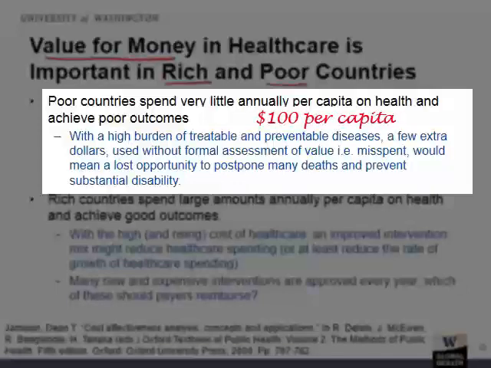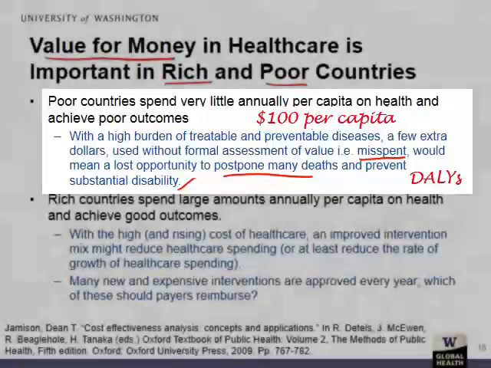So given such a small amount of money being spent, and with a high burden of preventable diseases, if you misspend even a small amount of money, then you lose the opportunity to postpone many deaths and prevent substantial disability. So you lose the opportunity to avert DALYs. So that's why it's important to do economic evaluations and be able to put not just a cost estimate on interventions, but also how many DALYs you can avert with those interventions.